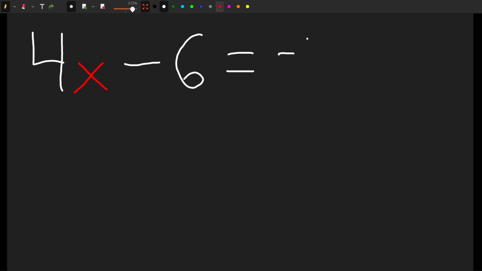All right, so the example problem that we have is, we'll start with 4x minus 6 is equal to negative 4x plus 30 minus 1x.